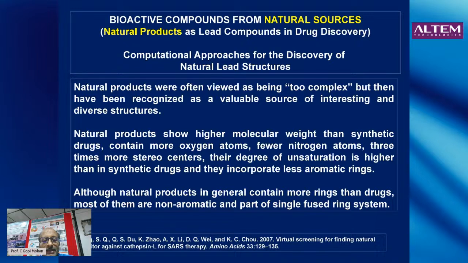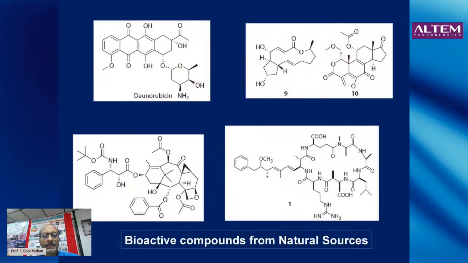Although natural products in general contain more rings than drugs, most of them are non-aromatic and part of single fused ring systems. So these are the challenges in synthesizing derivatives of natural products. It is very challenging, time consuming and very costly also. That's why structure activity relationship or fragment based drug discovery is not progressing well, due to its high cost, less viability and many different challenges.